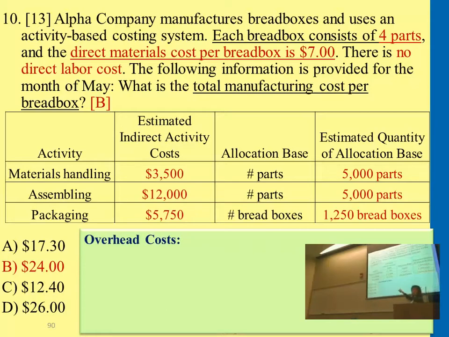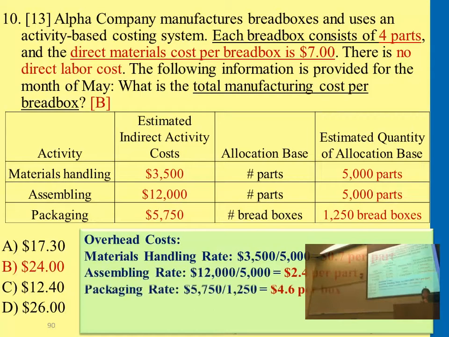Packaging, $5,750, and the estimated driver is the bread box number, 1,250. So you can just divide the cost by all these drivers to figure out the allocation rate for each of them. So you will have 0.7 for each part for materials handling, 2.4 assembling rate for that activity. Packaging rate will be 4.6 per box.